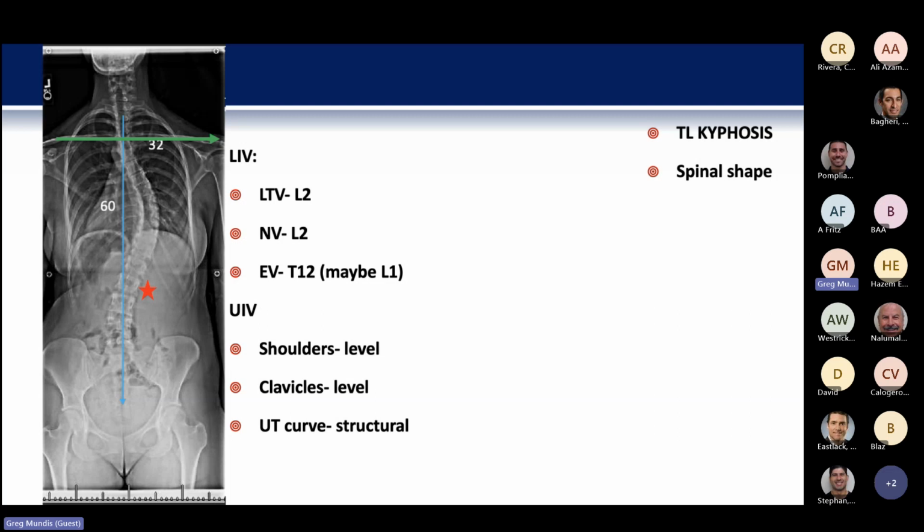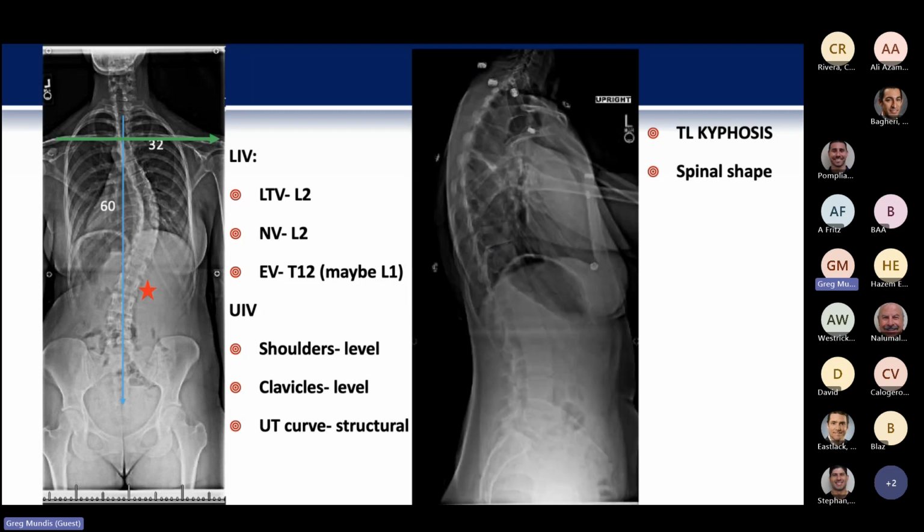For the UIV, she lives with her shoulders pretty level, her clavicles are pretty level, and we do know her upper thoracic curve was a bit structural when she did her bending. Those are things to keep in mind. In the sagittal plane, a couple things to take note of is what's happening at the thoracolumbar spine, especially if you're trying to cheat the system and stop short at T12 or L1.